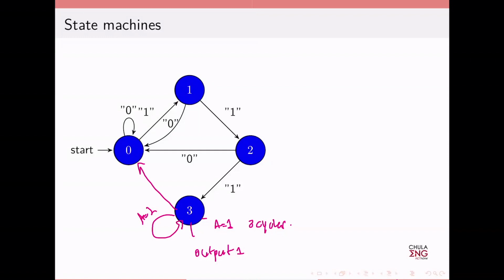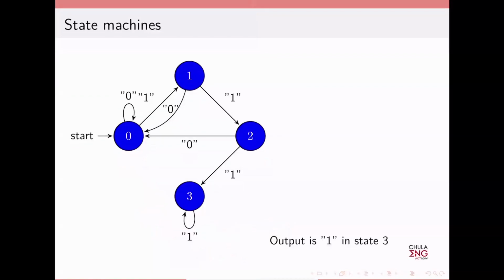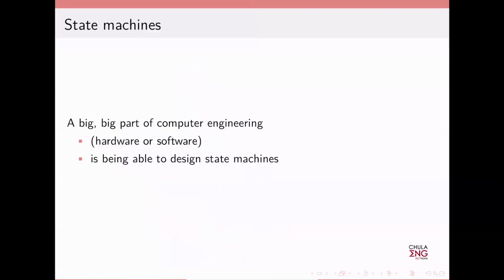Every cycle you check the value of A and then you transition the state accordingly. So the output is 1 only in state 3. And if it's ever 0, we go back to the beginning and the output is 0. The state machine is very important so that we can design the circuits.